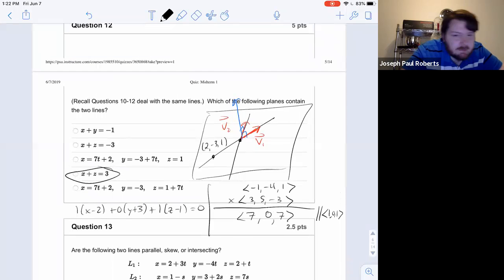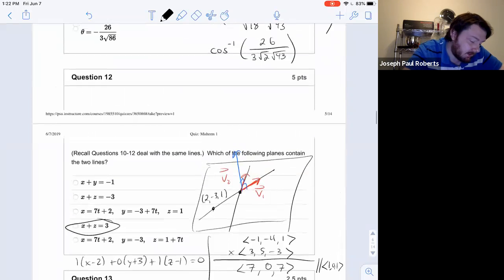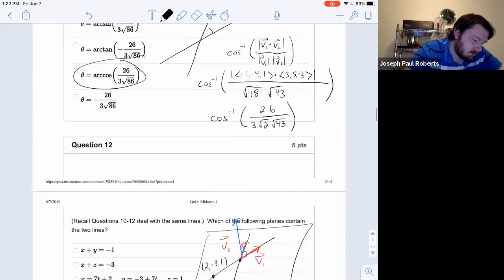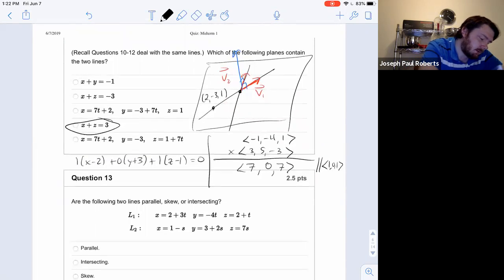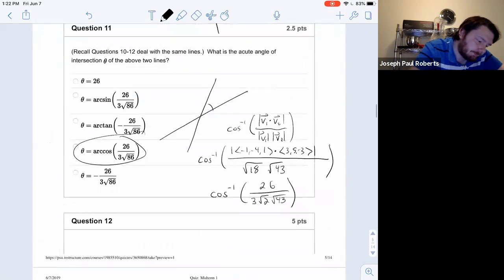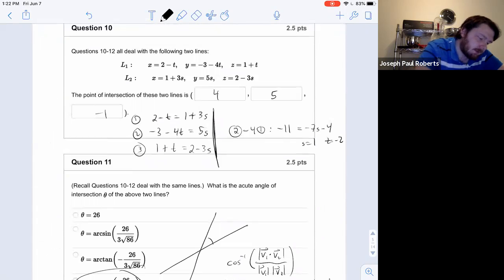And so again, this is one of those situations where that's what we would have to do if this were free response. But since it's multiple choice, you could just check. For L1, does x plus z equal 3?